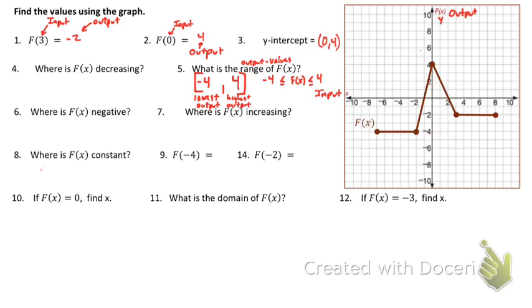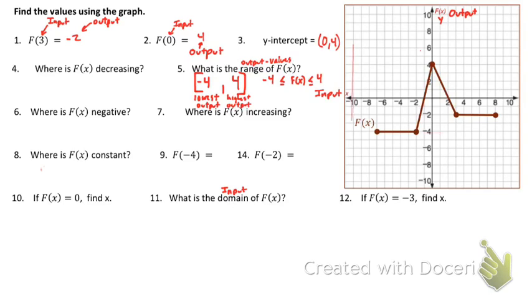Okay, number 11 is very similar to the range. But now, instead of output values, our domain, if you remember, is all my input values. Okay? So let's look. Our input values come from our X line. So we want to know what is the lowest, so we're looking at the negative side, what is the lowest input value that actually crosses my graph.